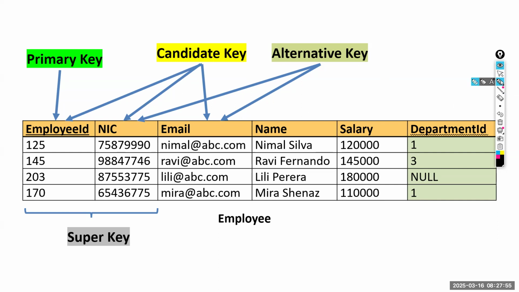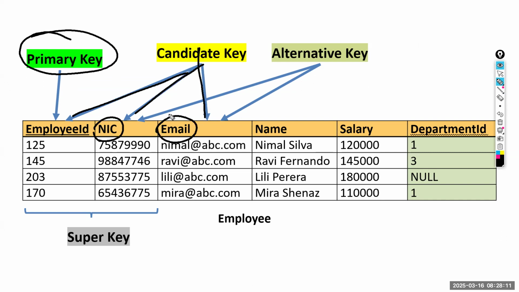This is the selected key to uniquely identify a record. It is our decision, so that is our primary key. These were originally candidate keys, because pretty much NIC is unique and email is unique. But there are issues, like someone might say, I don't have an NIC, I can't remember my NIC.